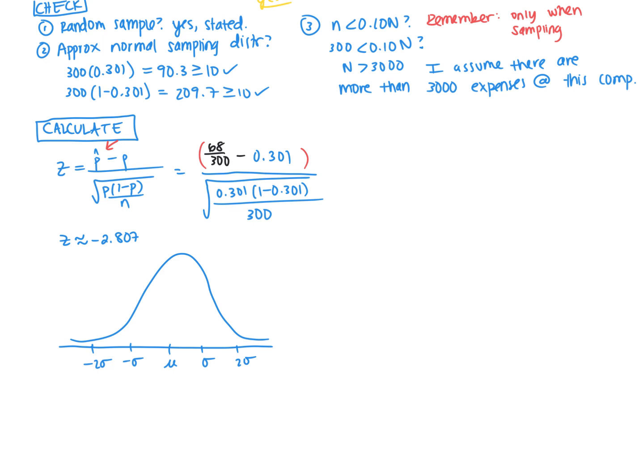So negative 2.807 is the number of standard deviations away from the mean. So that is about here, negative 2.807. Now, we've talked about you're finding an area. So we're not finding the probability at one specific value. You're finding an area. And so the question is, which way are we looking for the area?